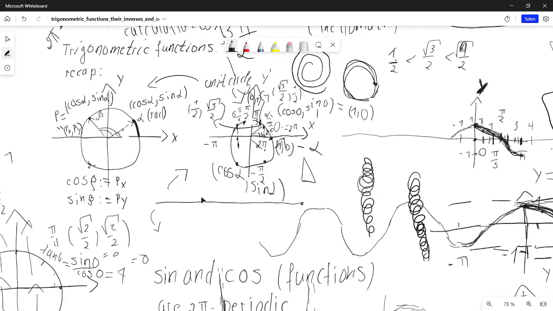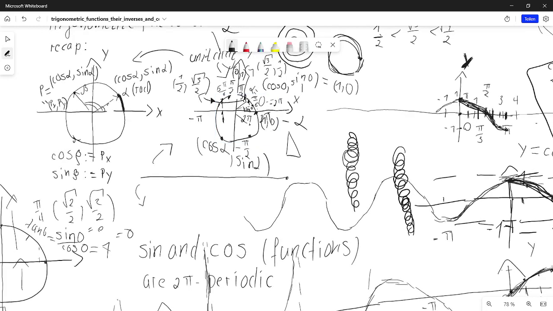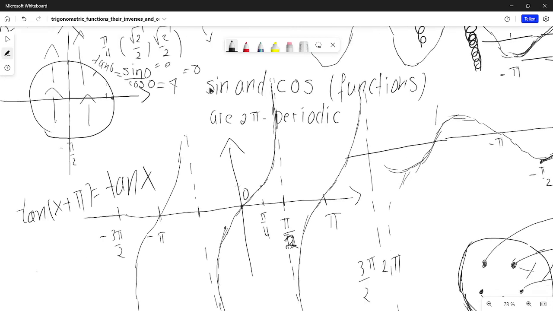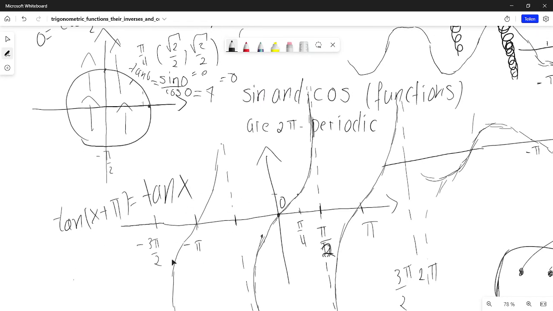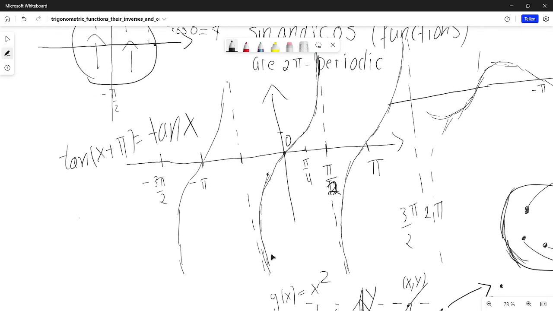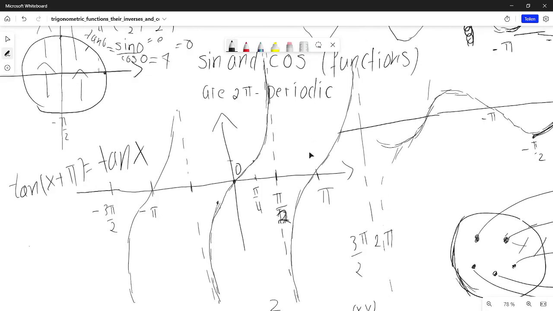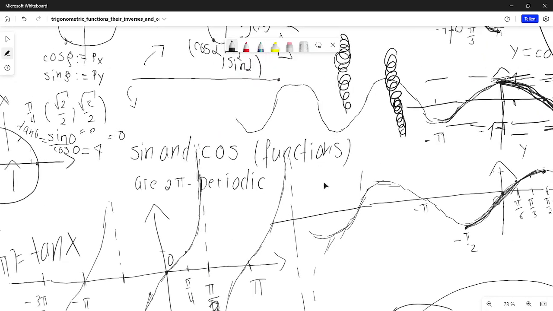Just learn to use angles from different windings of the spiral. The same works of course for tangent. Again, we know where we can invert it. For example, here is a very nice branch, or this branch, but I think the principal branch is this one here. Exactly in the same way it works for tangent, and we get arctangent.